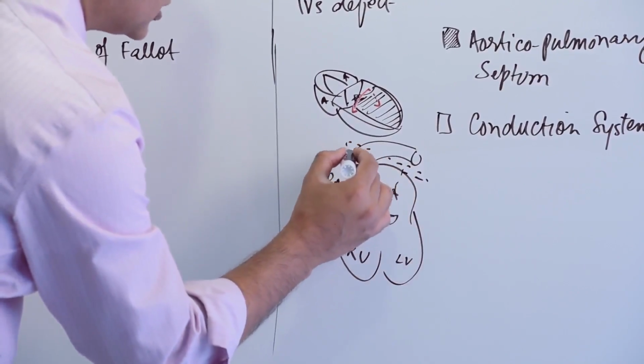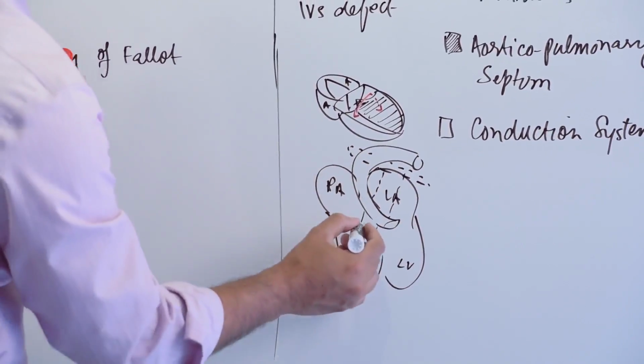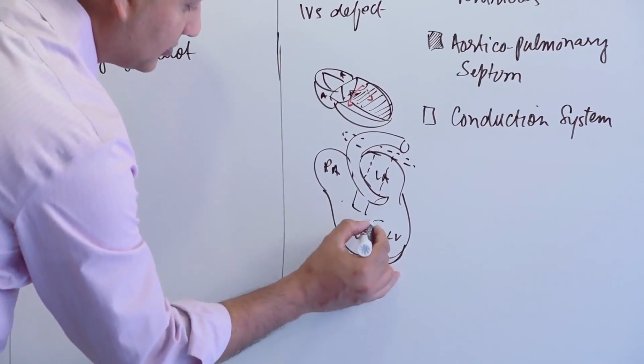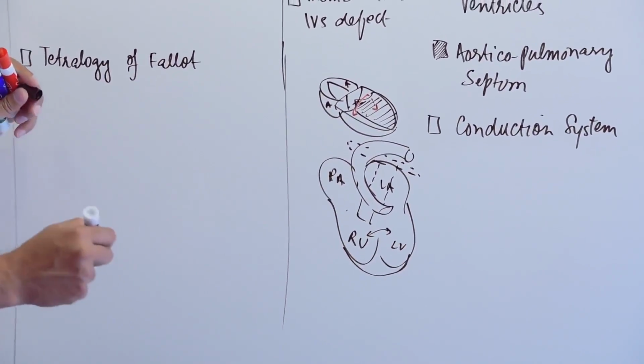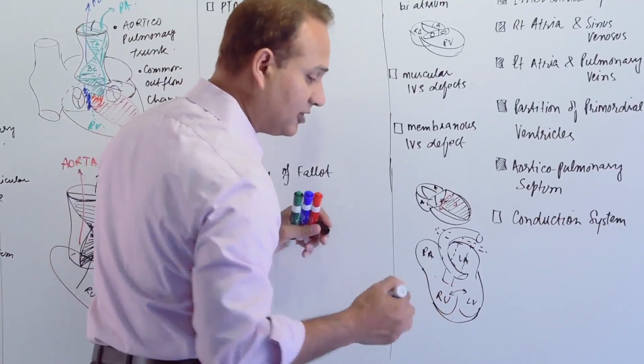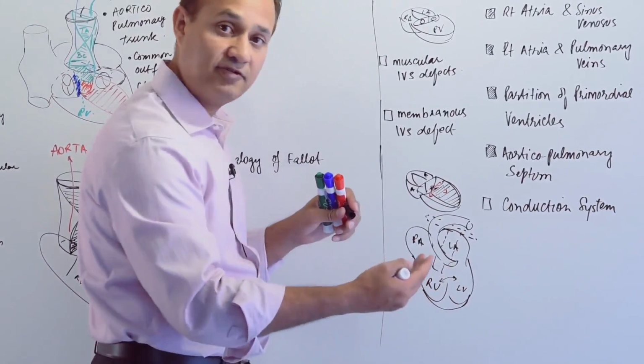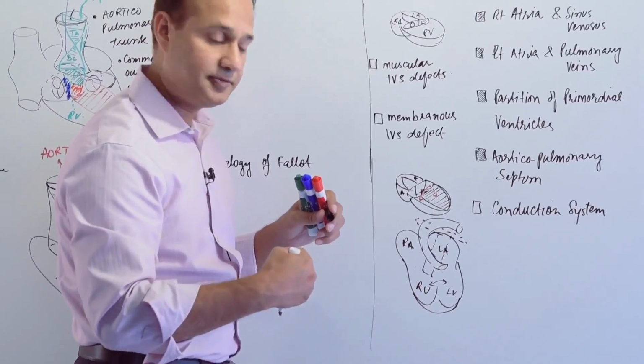It's not important to see those trunks here. What is important is this, that the interventricular septum is defective. So throughout the life of the baby, the blood will continue shunting from the left side to the right side.